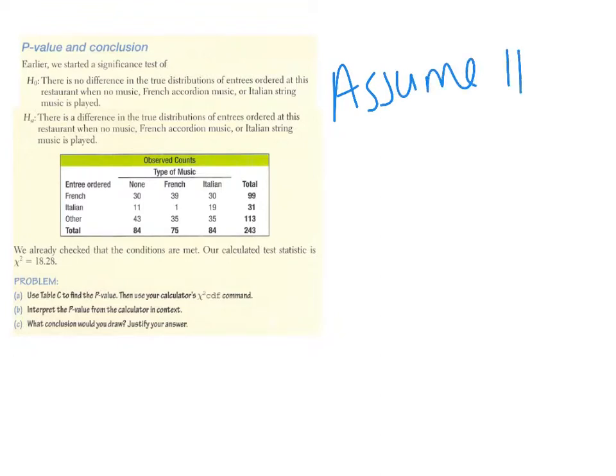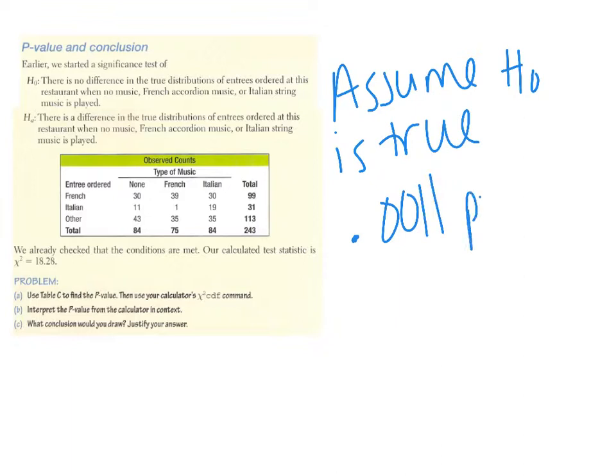So assuming that the null hypothesis is true, then my p-value is a probability, right? Then there is a 0.0011 probability. I'm not going to write the whole sentence because it's messy. If you want to see the whole sentence, you can go to page 705 in your book.